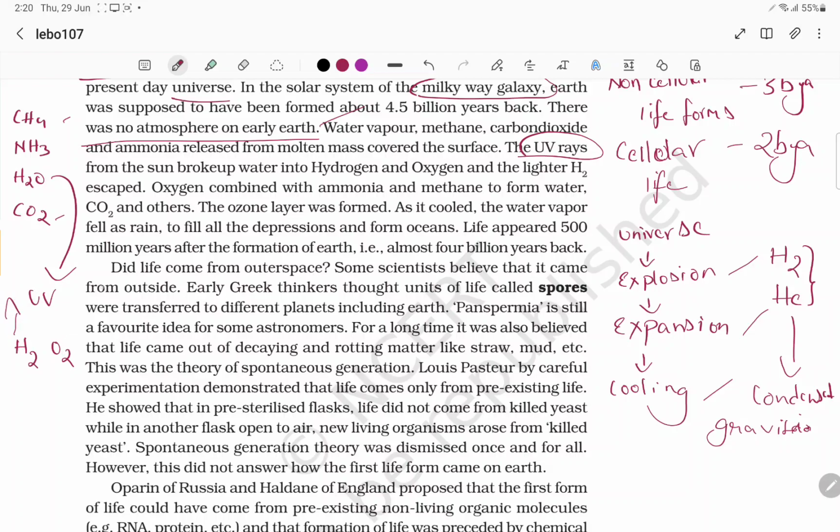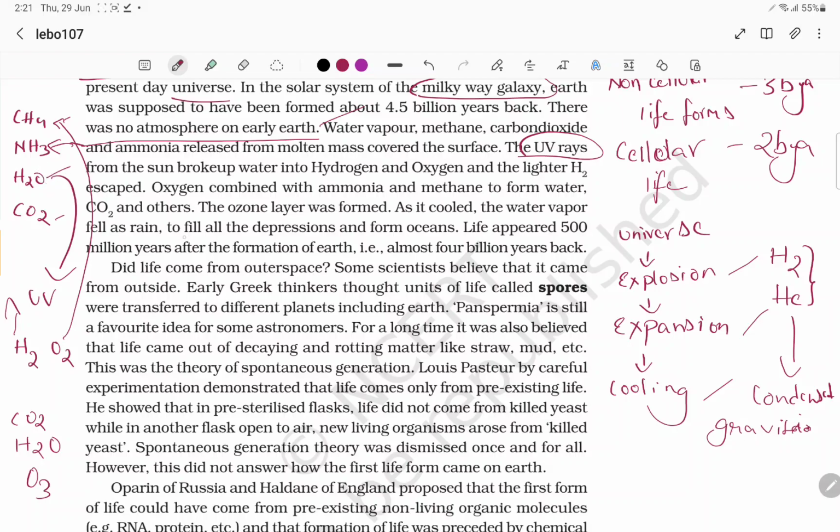But the oxygen got combined with ammonia and methane to form water, carbon dioxide and others. Ozone, O3, was also formed. As it cooled down, the water vapor fell as rain.